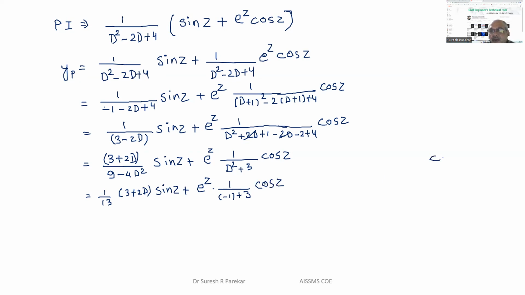Because for cos ax or sin ax we put D squared equal to minus a squared, and in both we have a as 1.